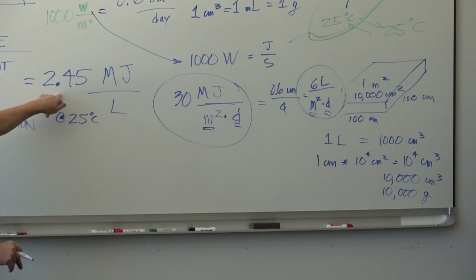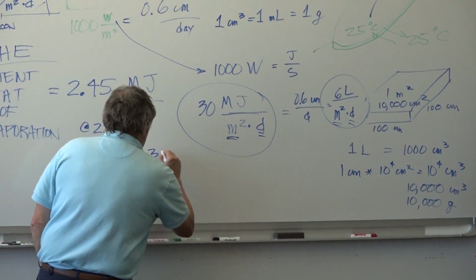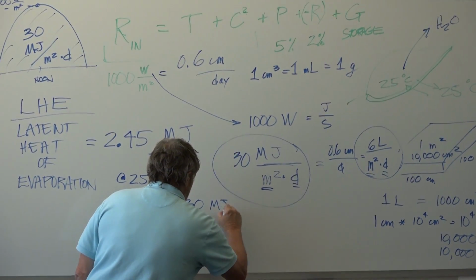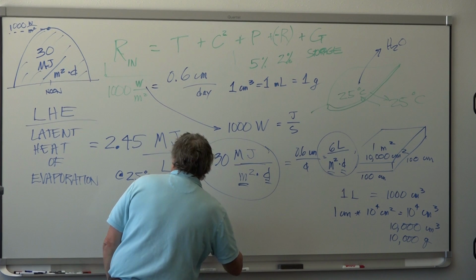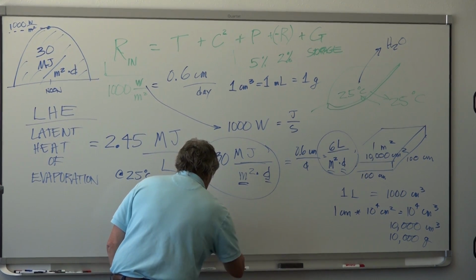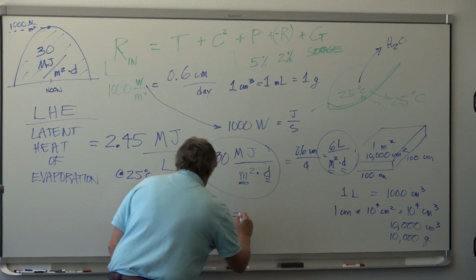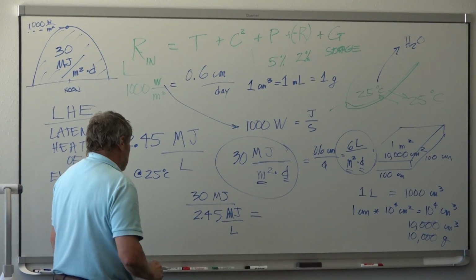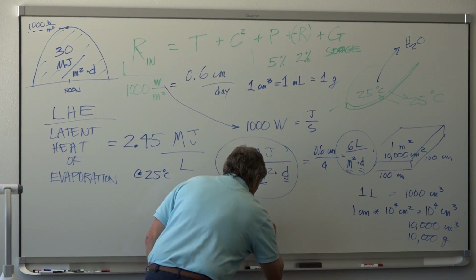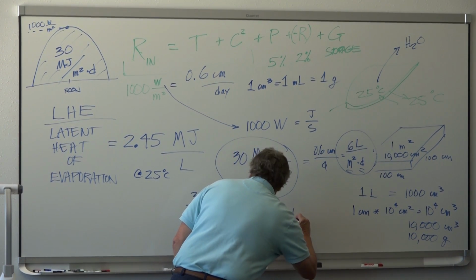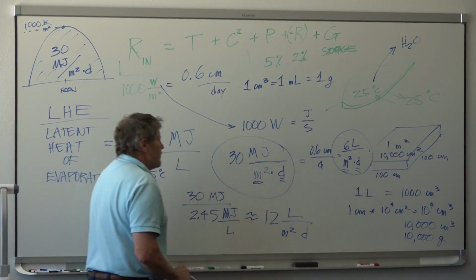Now we bring out our latent heat of evaporation, and 30 megajoules divided by 2.45 megajoules, mega, capital M, per liter, and I think this comes out to about 12. I'm going to put about here because it's real close. 12 liters per meter squared per day.